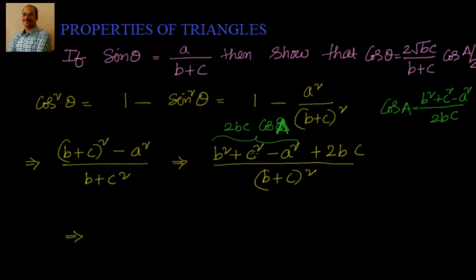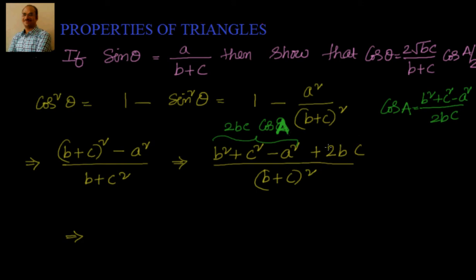So I can write b square plus c square minus a square as 2bc cos a, not theta actually, it's cos a. Always, if you want the angle of cos a, a square will be in the negative term at the end, and the denominator will have 2bc. So this is the law of cosines, nothing else. Let's go back.